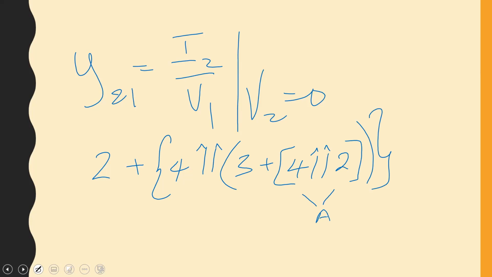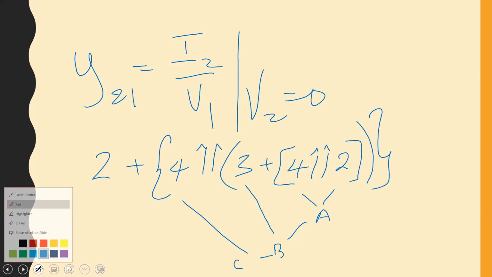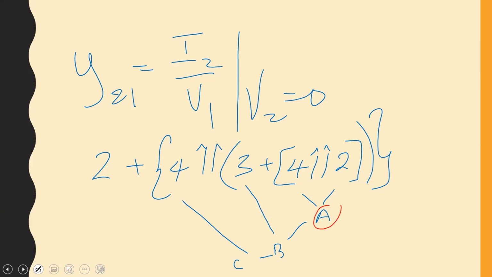So let us say when you put those together, the impedance is A. The 3 together, you have 3 and A, you get B. And then 4 and 3, you get C. All right? So let me just circle those, B, C.